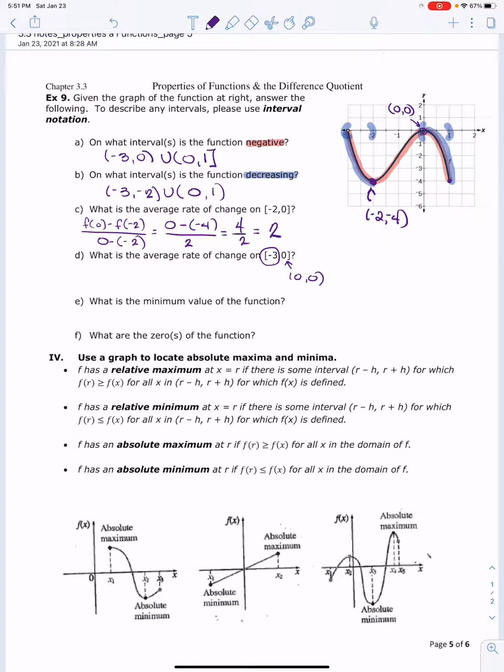Unless both of those endpoints are included, we cannot find an average rate of change. So we cannot find slope. F of -3 does not exist.